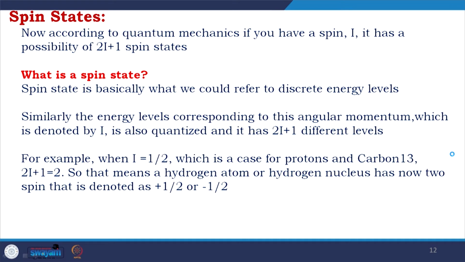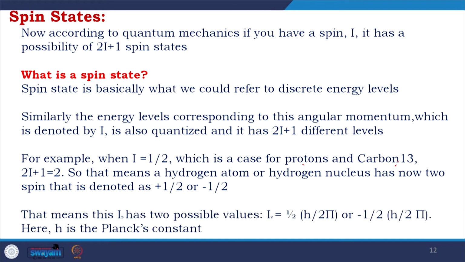So, for example, when I equals half, which is the case of protons and carbon 13, 2I plus 1 equals 2. So, that means the hydrogen nucleus now has two spin states, denoted as plus half and minus half.